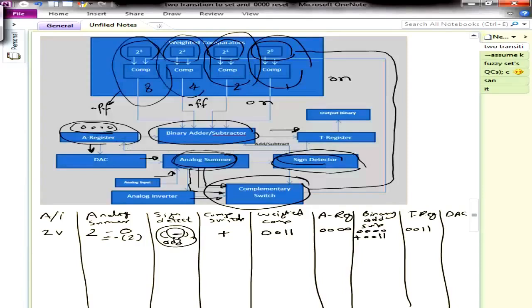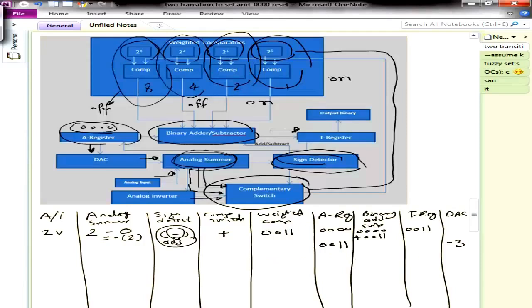In the next cycle the T register puts this value back to the A register, so the A register in the second cycle becomes 0011. After that, the DAC converts this back to analog, which is equivalent to 3, but the DAC output is inverted, so this is equivalent to -3.